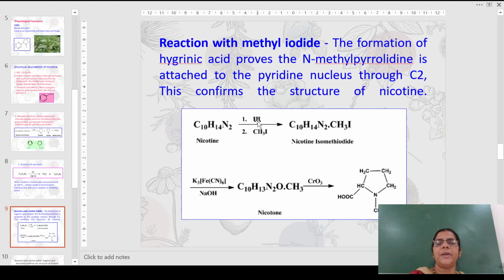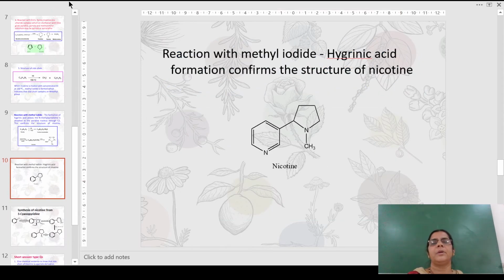So nicotine on treatment with hydrogen iodide and methyl iodide forms nicotine isomethiodide, which further undergoes various reactions to form the hygrinic acid, indicating that the side chain is a pyrrolidine ring. By all these reactions, and considering that it forms hygrinic acid, this was the structure assigned to nicotine.